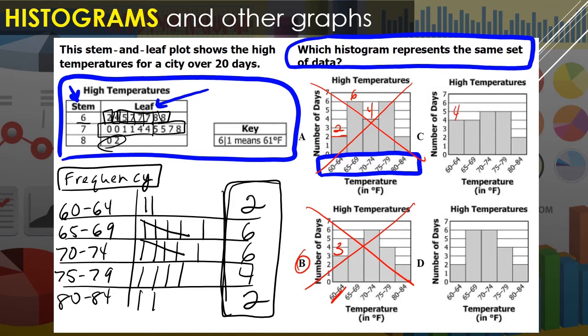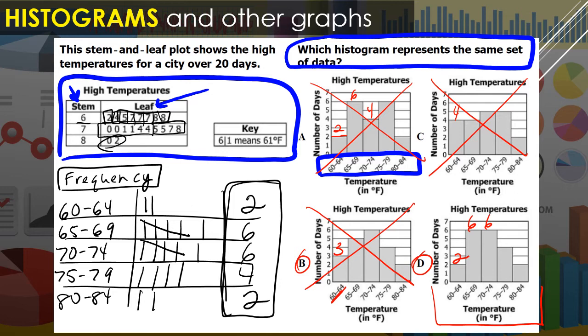Let's check out C and D. C starts off with 4. That doesn't match. And last one, let's double check all of these. We know that it should be our correct answer, but let's just go ahead and walk through all the steps. So 60 to 64 has 2. 65 through 69 has 6. 70 through 74 has 6.